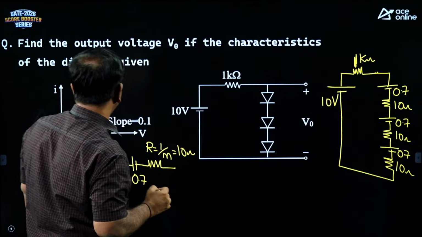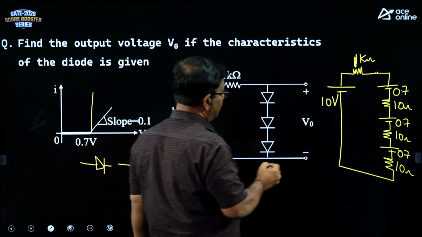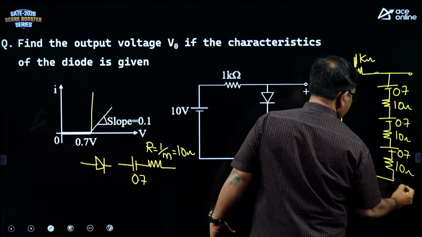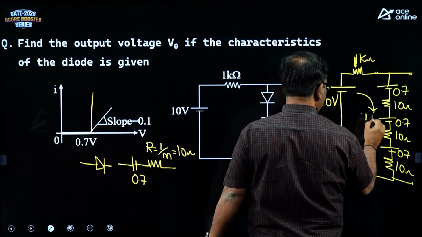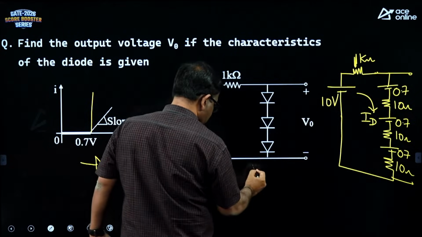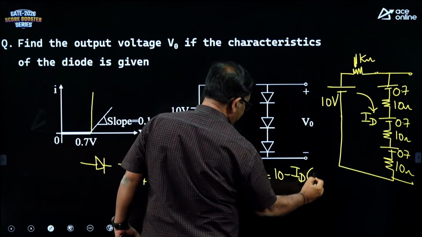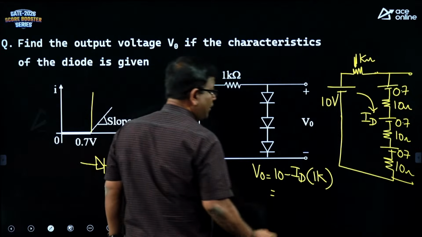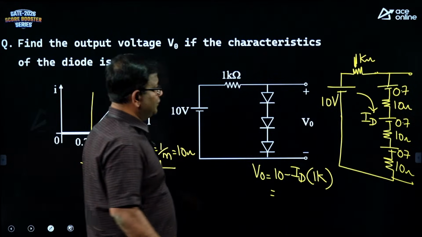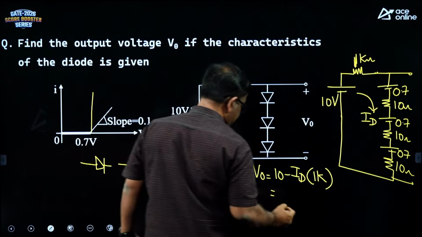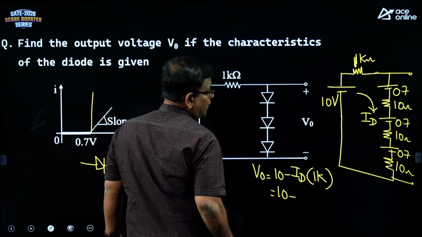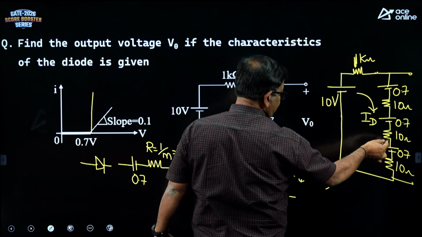Now, what is given in the problem? You are asked to find V naught. V naught is going to be 10 minus ID into 1K. But what is ID in this loop? It is 10 minus 0.7 plus 0.7 plus 0.7.